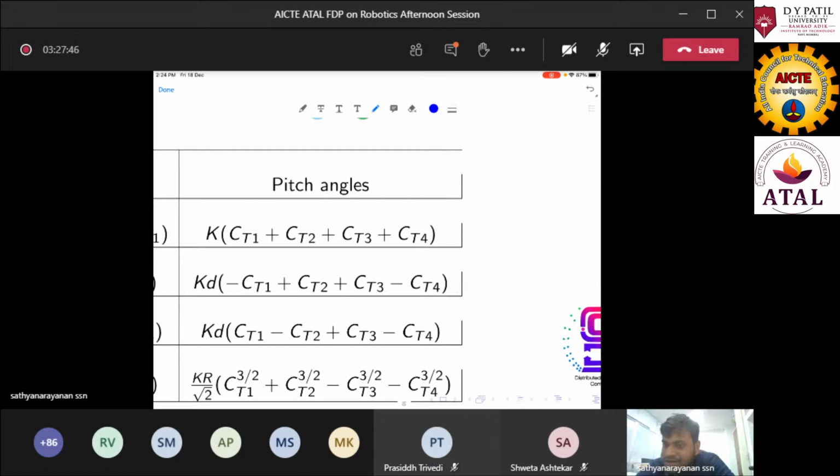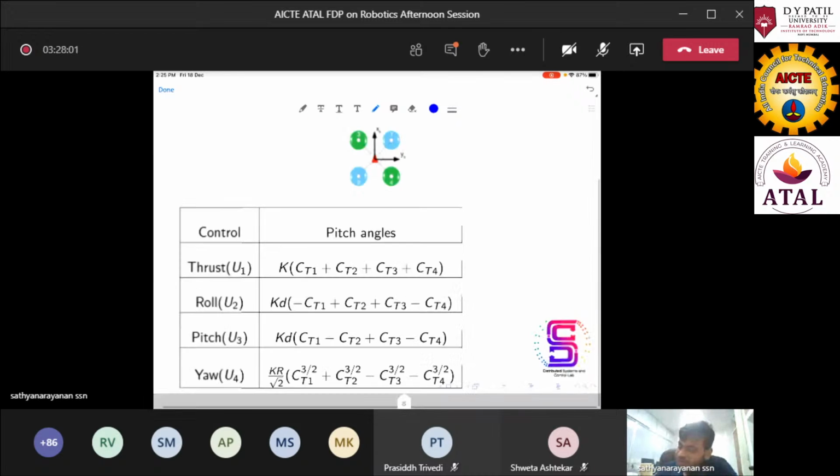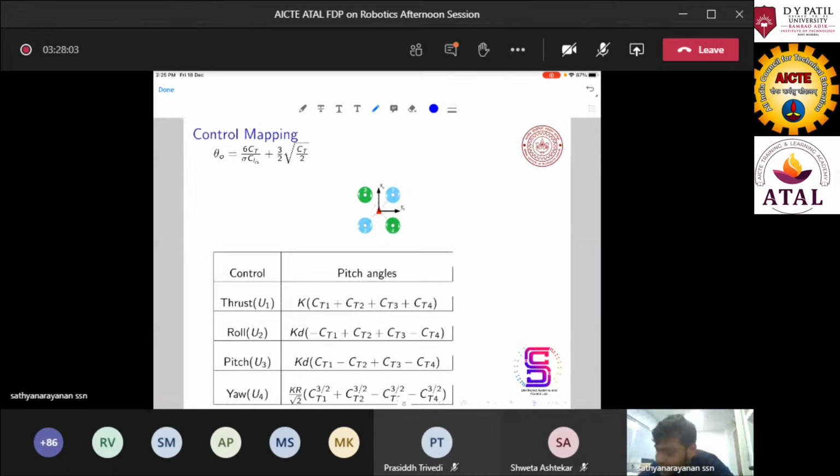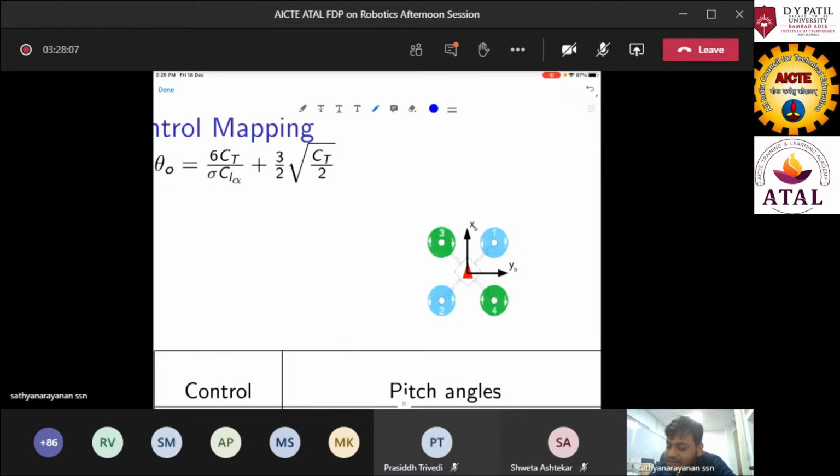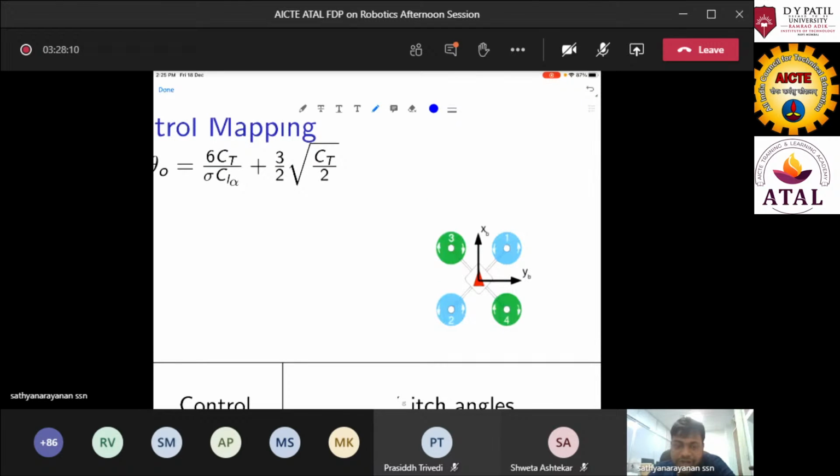They have taken the linear model of this, approximated using a Taylor series, and from there they have estimated the thrust coefficient. Once the thrust coefficient is done, we use this formula to determine what the pitch angle should be.